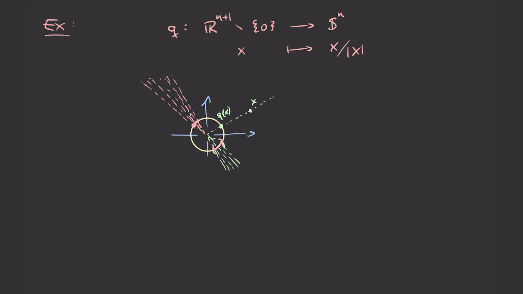I'm aware that this illustration wasn't very rigorous, but I hope you get the intuitive idea about how to think about these quotient maps in terms of saturated sets. If you want to think about this in more detail, you could try writing down a very detailed proof of why this map Q actually does take these saturated open subsets to open subsets of the circle by using all the definitions of the topologies in question.